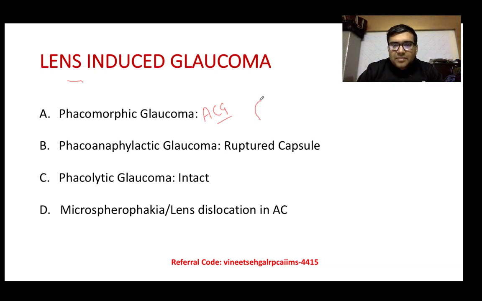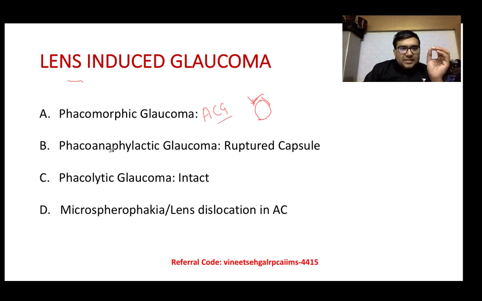The lens becomes intumescent, and this intumescent lens causes the angle closure. An untreated primary angle closure glaucoma that has undergone attacks of acute congestive glaucoma is the most common cause of absolute glaucoma.